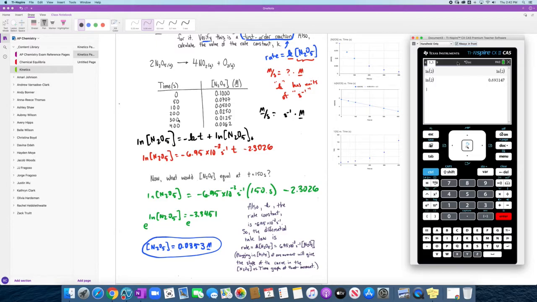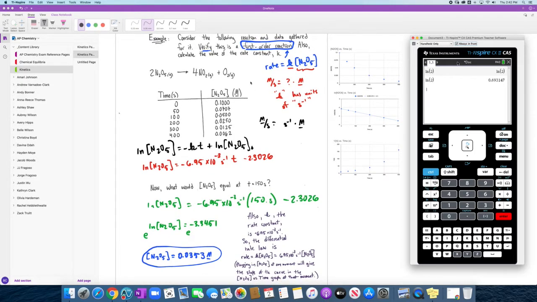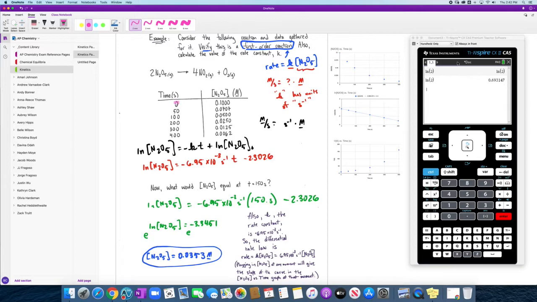The half-life is actually pretty clear here in the data. If you look just at the concentration data versus time, you can see that we started off at time 0 with 0.1 molar. The half-life would be the time required to get to half of this original concentration. Half of 0.1 molar is 0.05 molar.